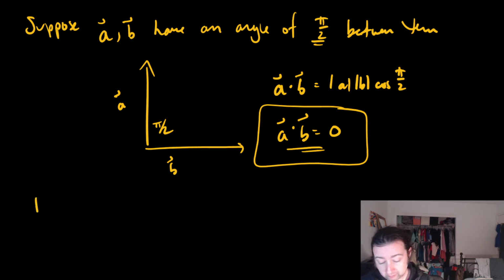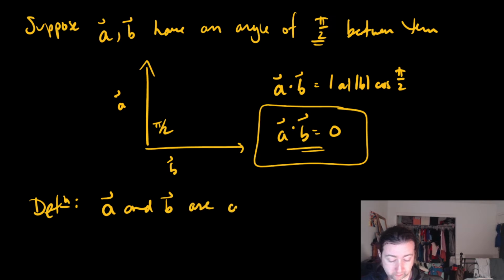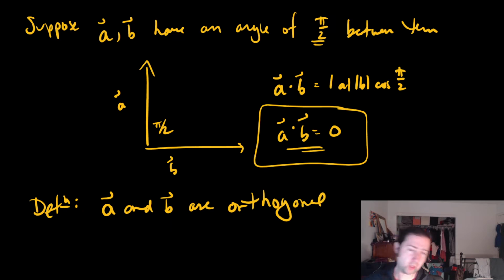So here's a definition. We say that A and B are orthogonal. And a more common word you may have seen before for this is perpendicular.